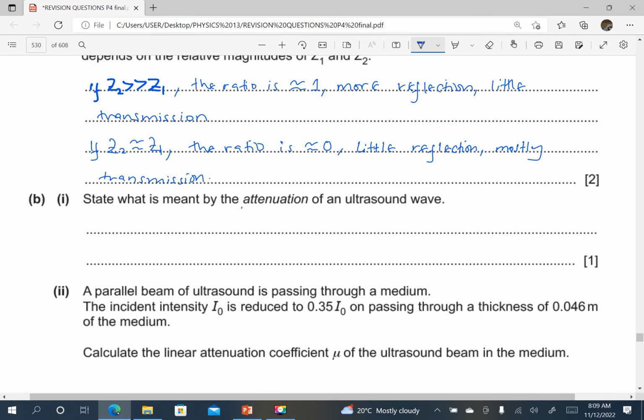State what is meant by attenuation of an ultrasound. What is to attenuate? To attenuate is like to reduce.